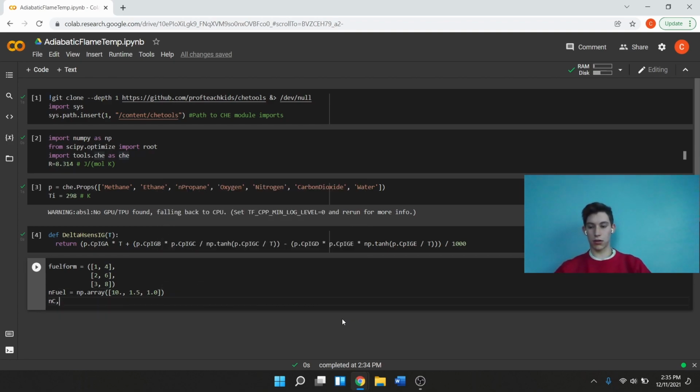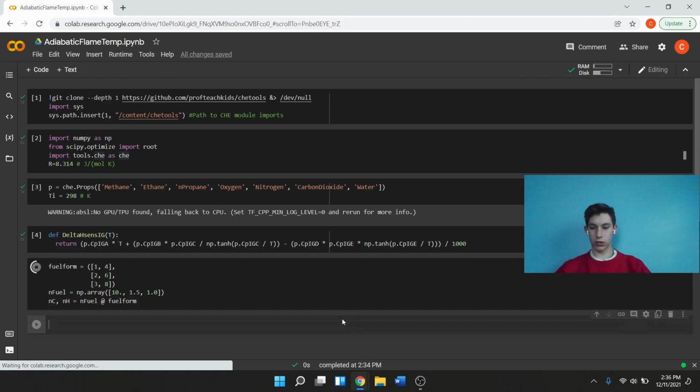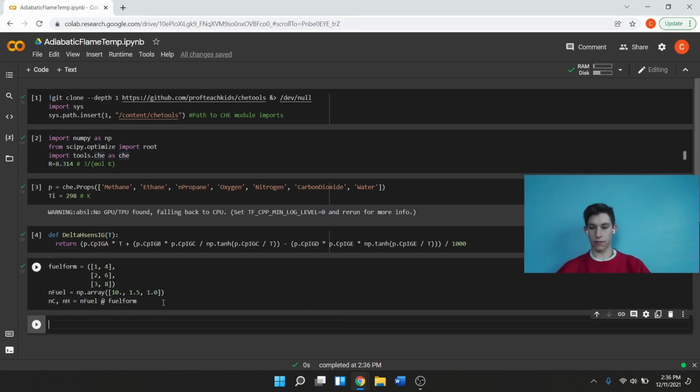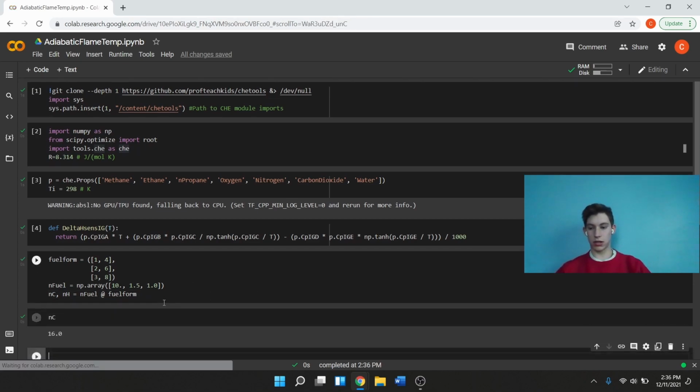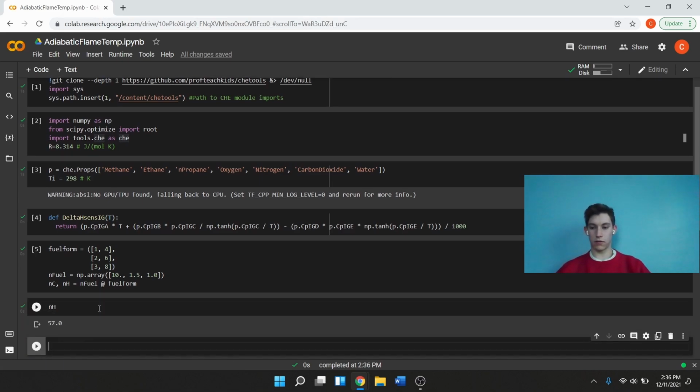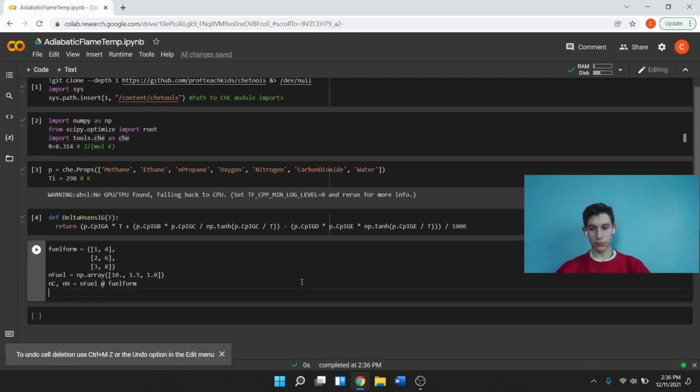And we can get the moles of the carbons and hydrogens respectively if we do the matrix multiplication of these two matrices. So let's see if we're good so far. If we just test, we have 16 carbons and 57 hydrogens within this fuel mixture.